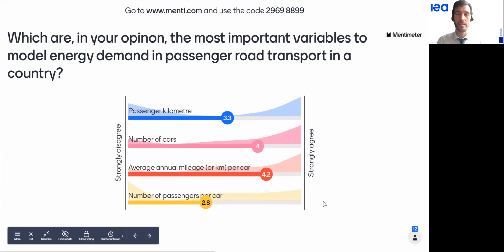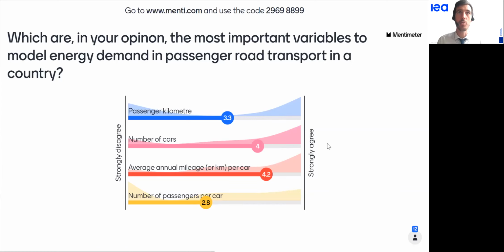Actually, all of this information is key, and you will see that passenger kilometer is an aggregated or built variable taking into account the number of cars, the average mileage per car, and the number of passengers per car in order to reflect the intensity of passenger road transport. So we'll need all this information if we want to make reliable predictions on how these mobility services for passengers using road transport would evolve in the future.